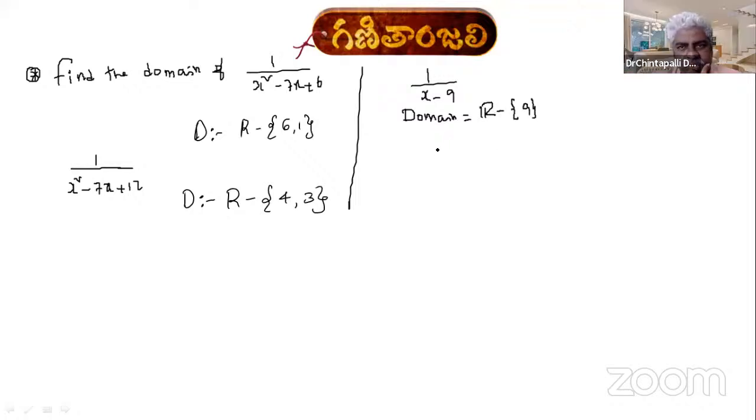Yes, sir. What's the domain of 1 by x? All real numbers except 0. So R minus {0}, sir. Right. The domain is R minus {0}.